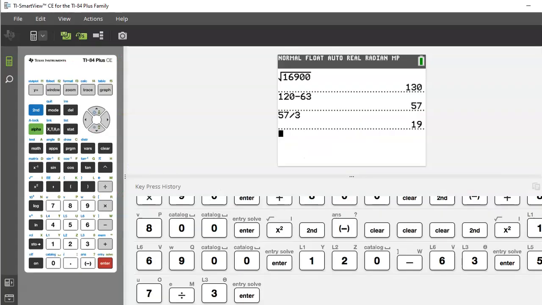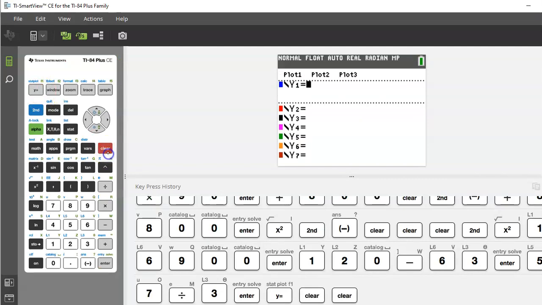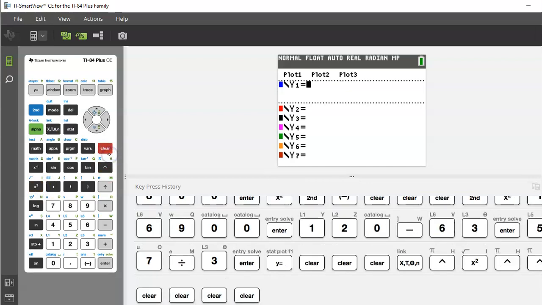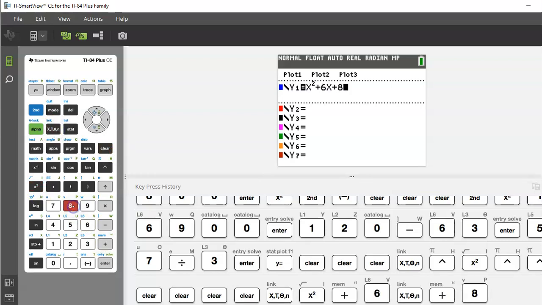Let's go here. Y equals. Clear this out. It was x squared plus 6x plus 8.